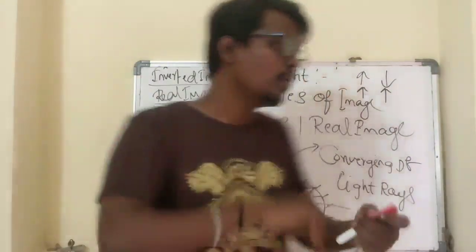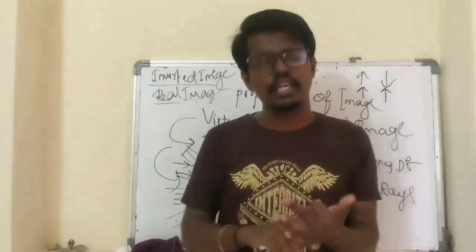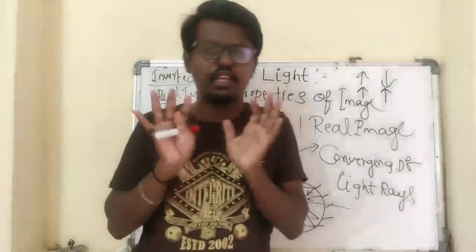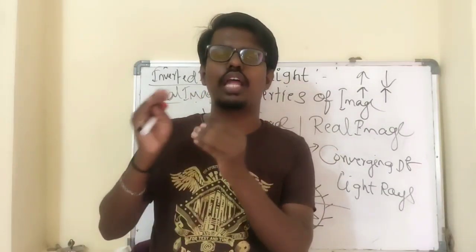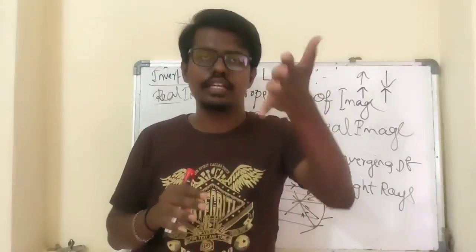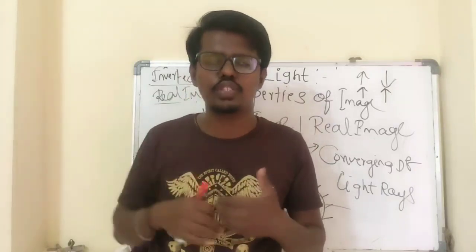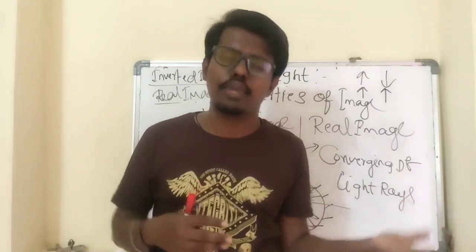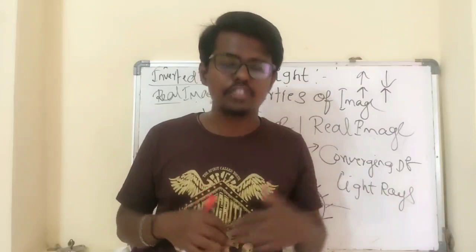So what are the important properties of images? Virtual image, real image, inverted image, and erect image. These are important terms, because if you learn them, at the end of your numericals you will write whether the image formed is a real or virtual image, whether it is inverted or erect, and you will measure the focal length and the radius of curvature.